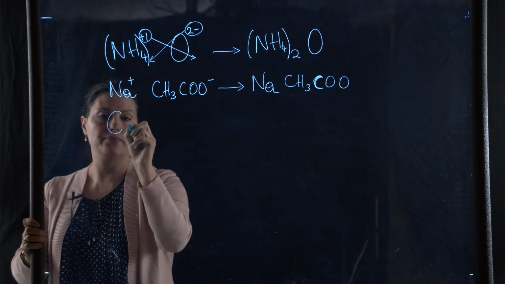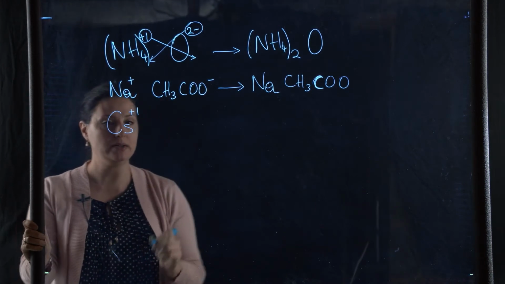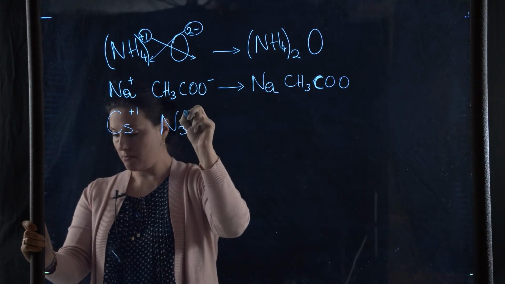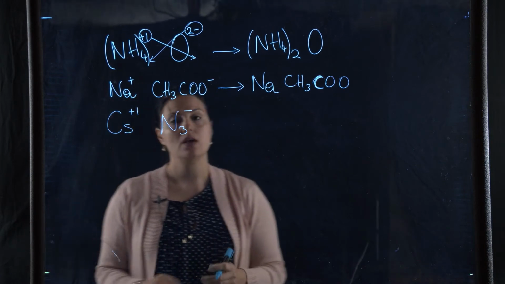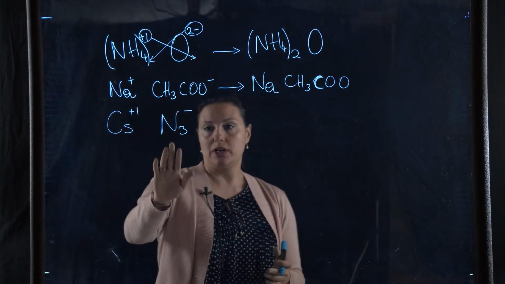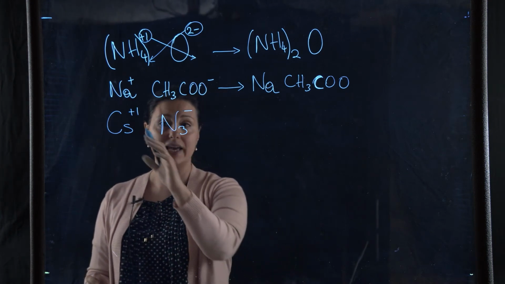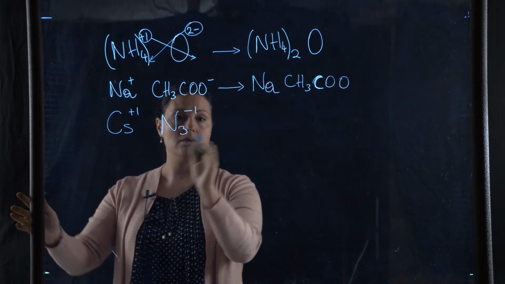So cesium is always a +1 because it's group 1, and azide is N3 minus 1. That's the name for this particular ion, so it's N3 -1. This is, once again, easy because this is a -1, this is a +1. They actually match.